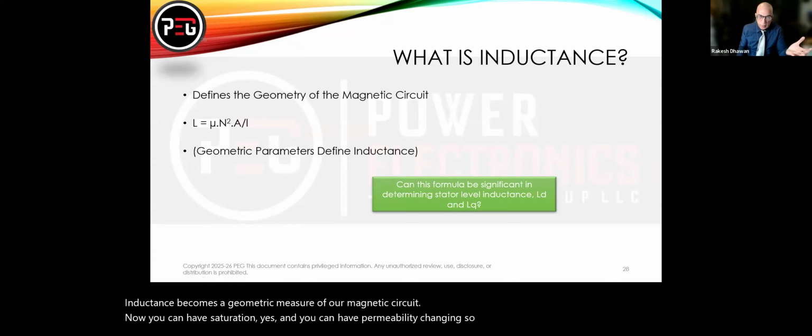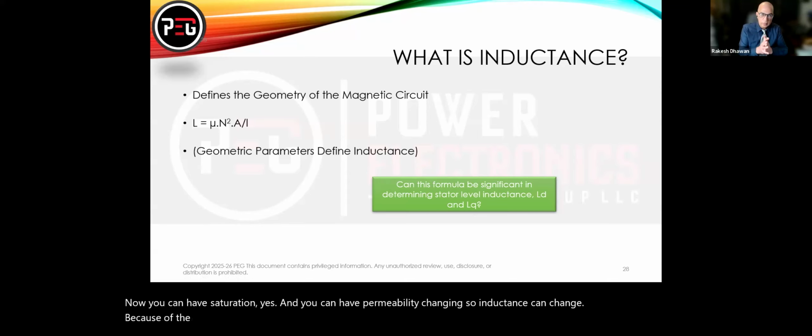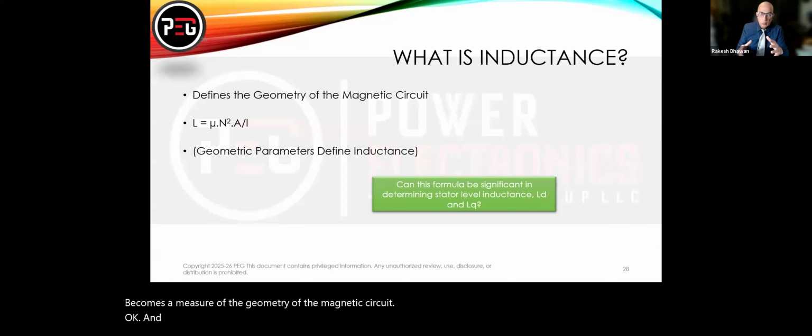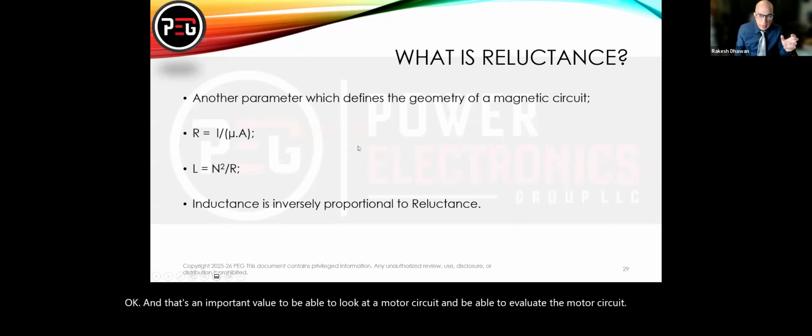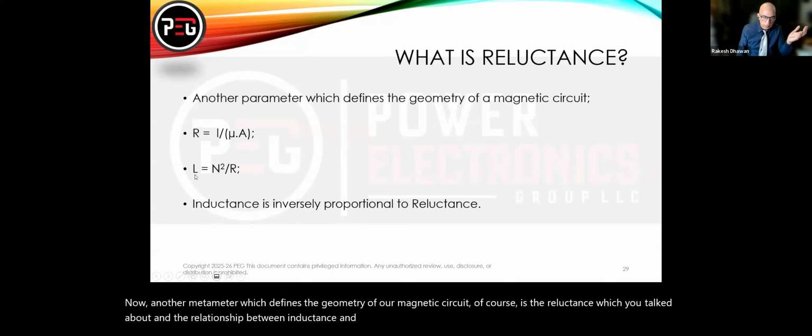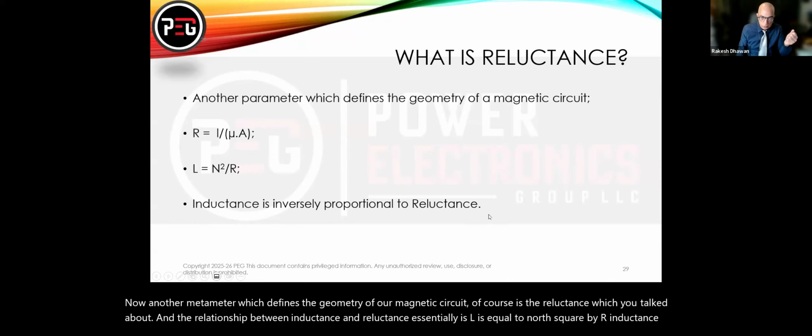So inductance can change because of the issues of current, etc. But in a linear zone, inductance essentially becomes a measure of the geometry of the magnetic circuit. That's an important value to be able to look at a motor circuit and evaluate it. Another parameter which defines the geometry of a magnetic circuit, of course, is the reluctance, which we talked about. The relationship between inductance and reluctance is L equal to N squared by R. Inductance is inversely proportional to reluctance.